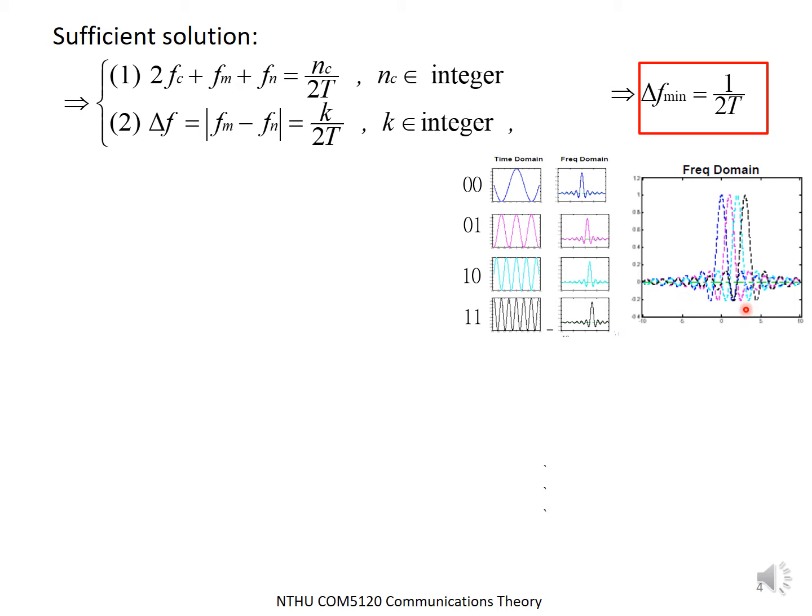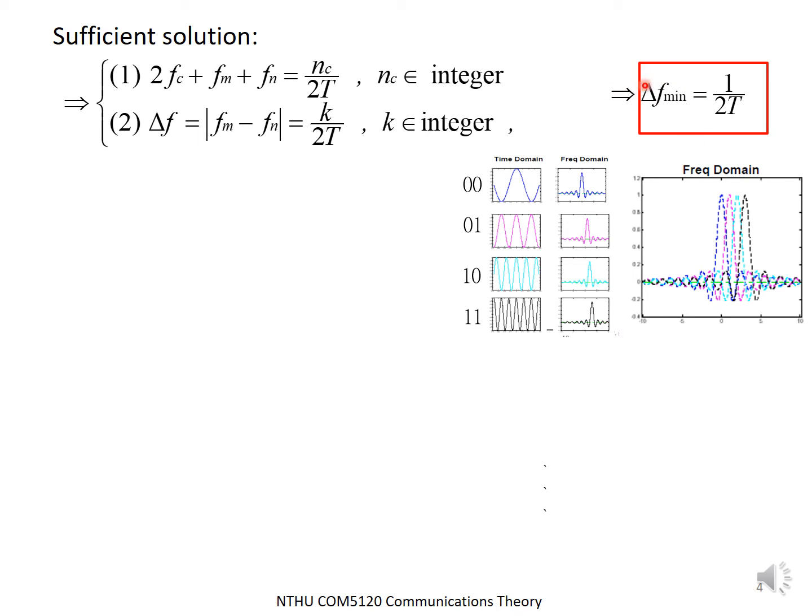At the cost of larger bandwidth, we get a faster, higher transmission rate. And for M-ary FSK, we would need M times the minimum separation.